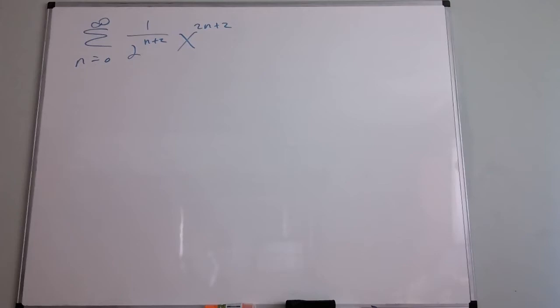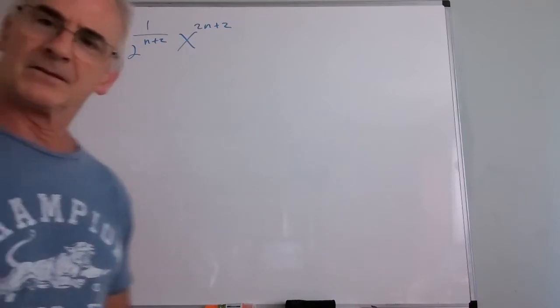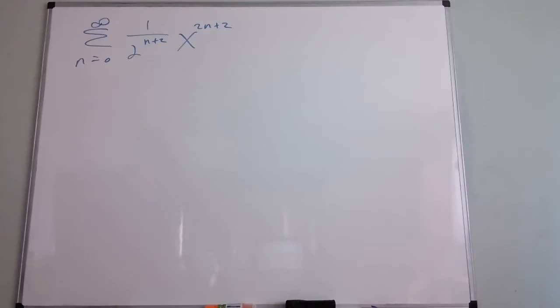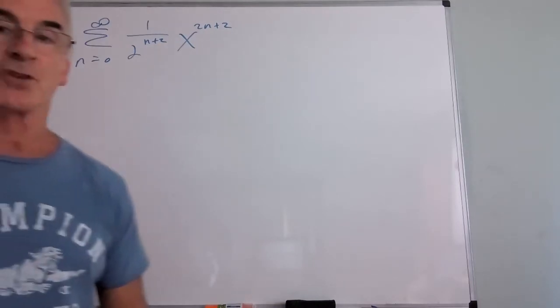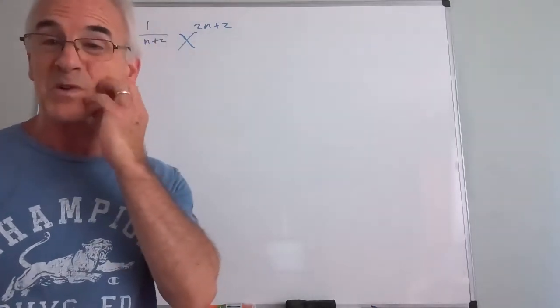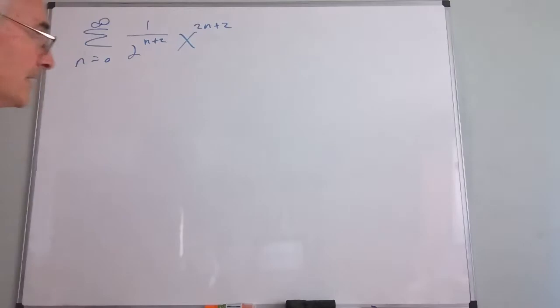What does this look most like? Well, what is it missing? If you could say it's missing something, what's it missing? N factorial. It's missing factorials. And we know exponentials and sines and cosines all have factorials. This is missing a factorial, which really only leaves one. What would that be?